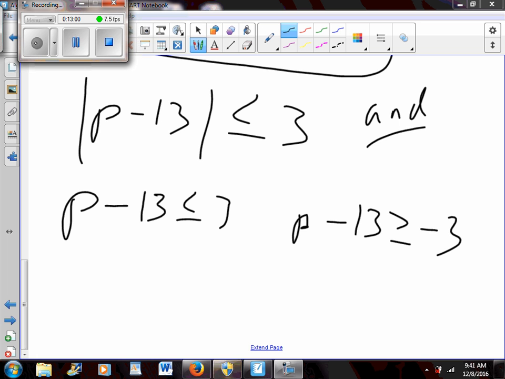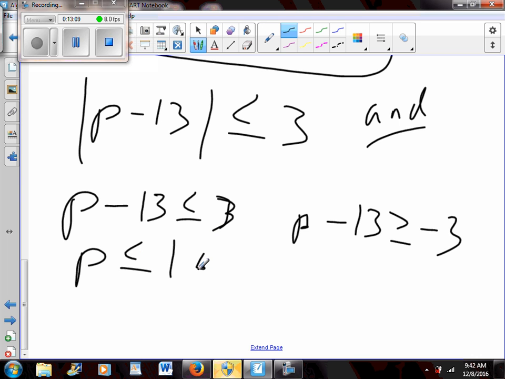All right. So what I'm going to do here is this. This is a 3 here, right? So add 13 to both sides. p less than or equal to 16. Here, p is going to be greater than or equal to, when I add 13 to both sides, 10.